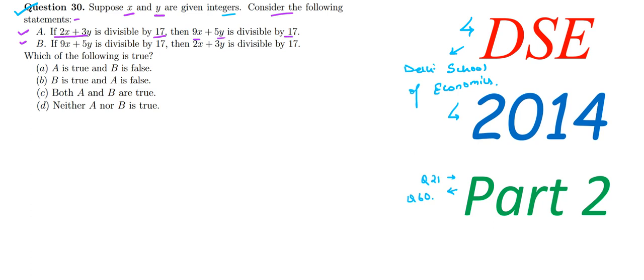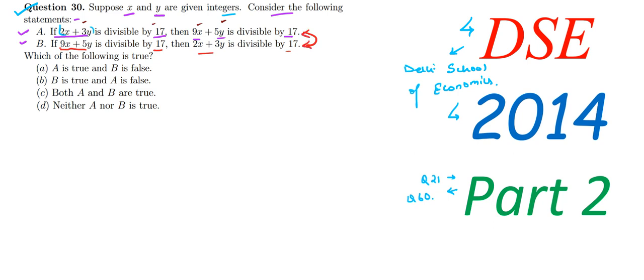Okay, so here we have one equation, that is 2x plus 3y, and the other one 9x plus 5y. And if the first equation is divisible by 17, then the second equation is also divisible by 17. Now statement B says, if 9x plus 5y is divisible by 17, then 2x plus 3y is divisible by 17. Okay, so exactly the vice versa of the previous statement.